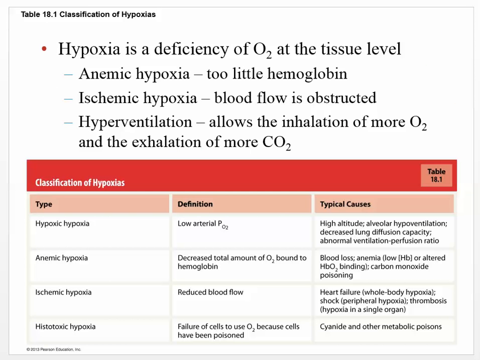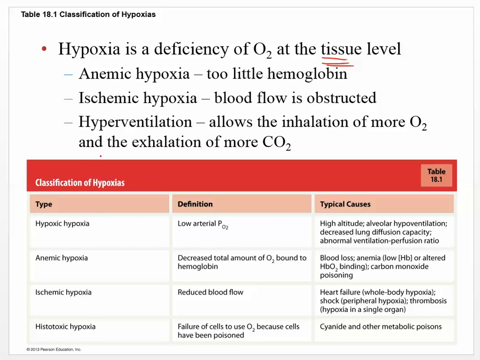Okay, all right. So what happens if we don't get enough oxygen? We call that hypoxia. It's a deficiency of oxygen at the tissue level. That means the tissues, those muscle cells, aren't able to get as much oxygen as they need, or the brain cells, or the heart cells in case of a heart attack or something like that.